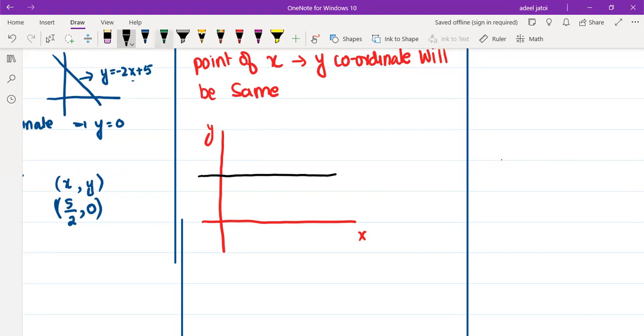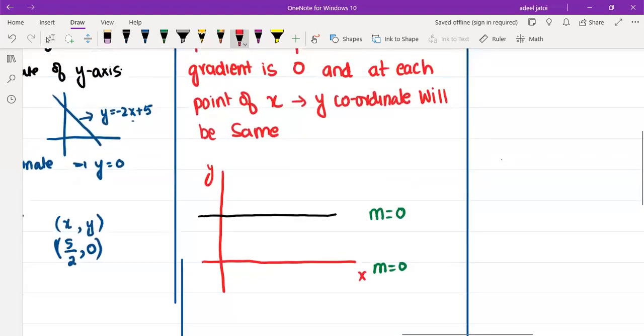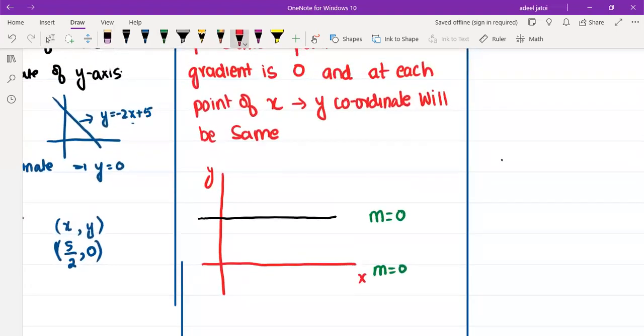Now, at this point, you need to understand that your x-axis gradient is always 0. So this line is parallel to the x-axis. That means this line will also have gradient 0. But most importantly is the second point, which says at each point of x, your y coordinate will be the same.